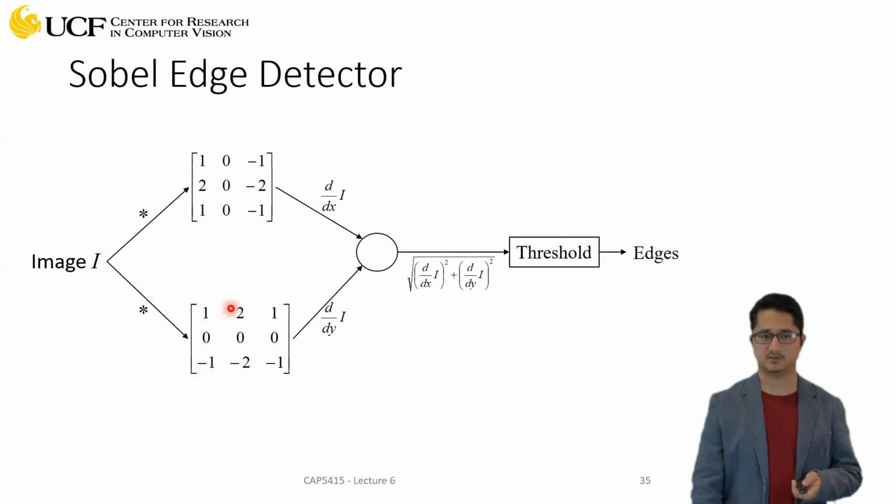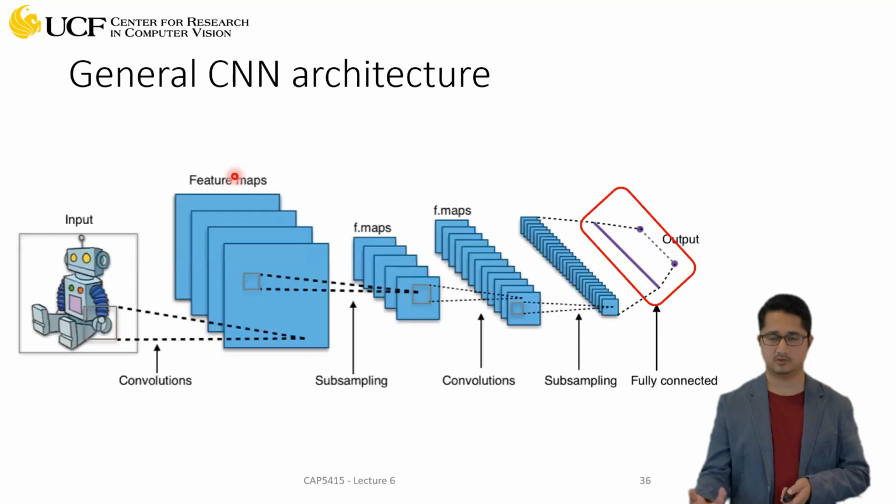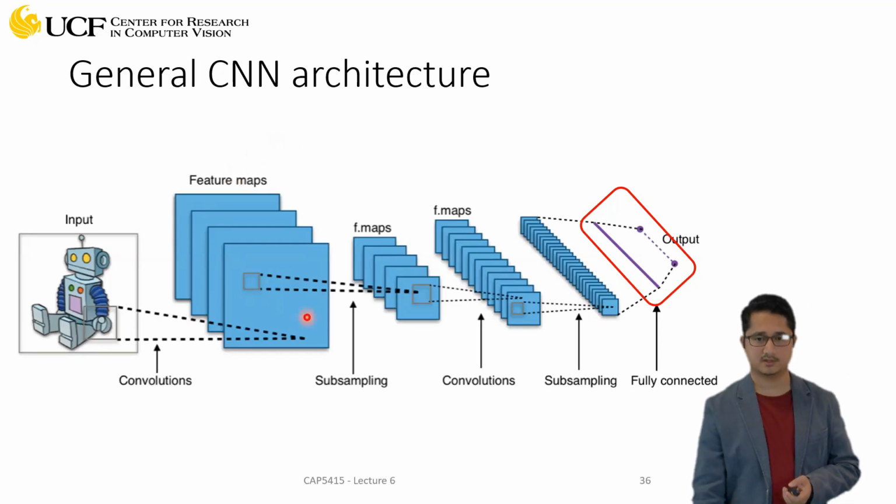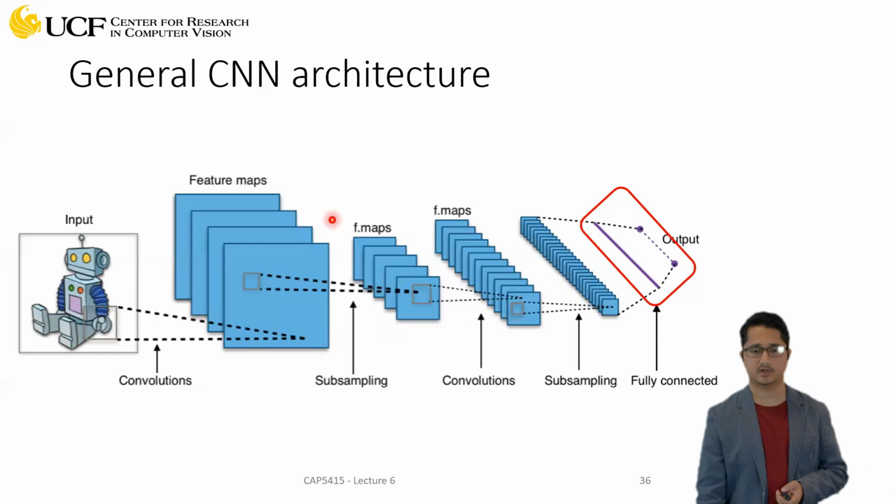So that was the algorithm for Sobel. But the idea is you are just doing filtering here. Whatever filter you have, you're trying to find that pattern in your input image. If this pattern is present, your output activations are going to be high. That's the whole idea about this center segment of your convolutional architecture.